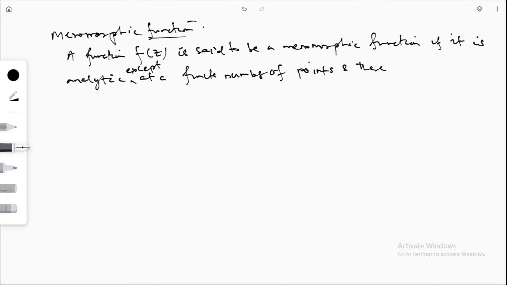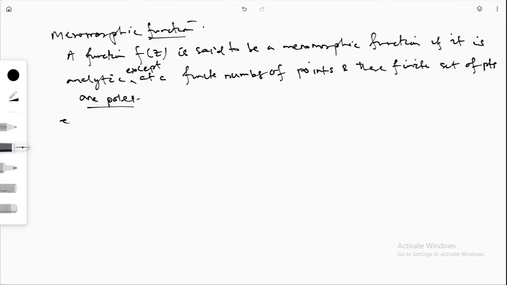So except for some poles, it is analytic everywhere. Then that function is called a meromorphic function.